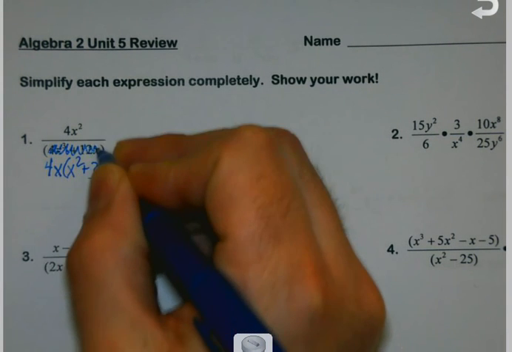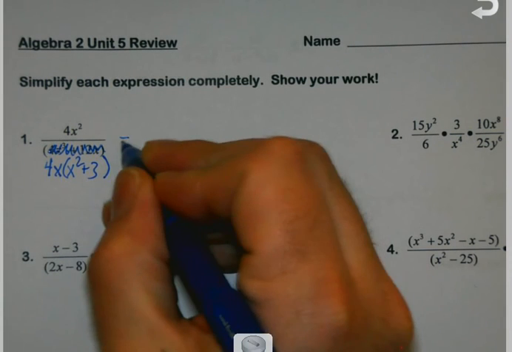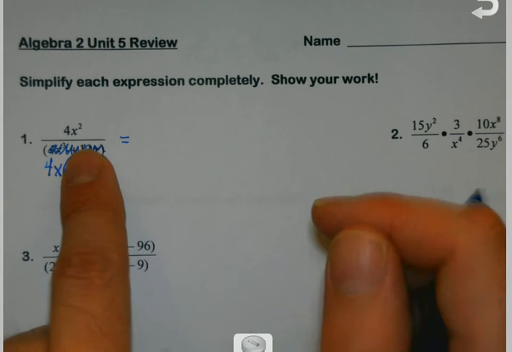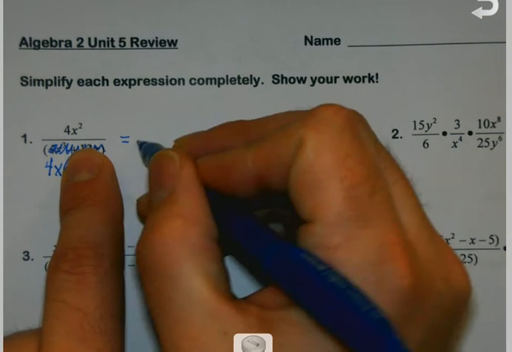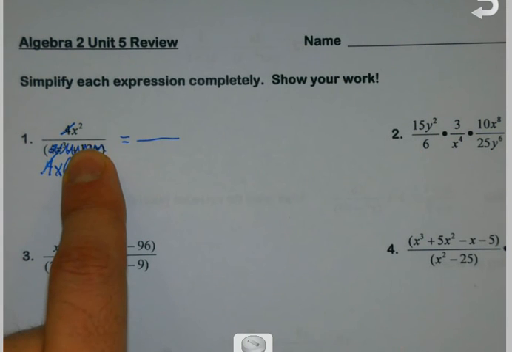So once I get that taken care of, now I can actually go back and look and say, okay, now I've got a piece that's not in the parentheses here. At this point I can say, okay, those 4s aren't in there. I can kind of whack those. And then I use my exponent rules to deal with the x's that are there still.